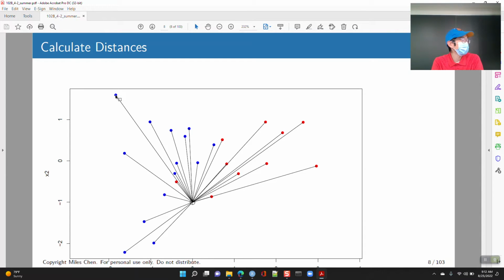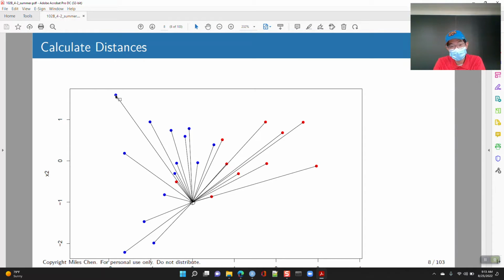And the computer doesn't have eyes and visual recognition. So it just sees a whole bunch of numbers. And so we just have to ask it to go ahead and compute the Euclidean distance to every single other point. All right, so anyway, we've calculated these distances as represented by these lines here.